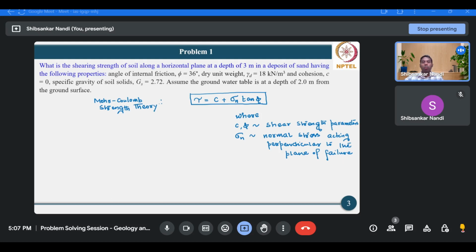Therefore, if we plot this strength theory in the shear stress versus normal stress plot, it will look like this.